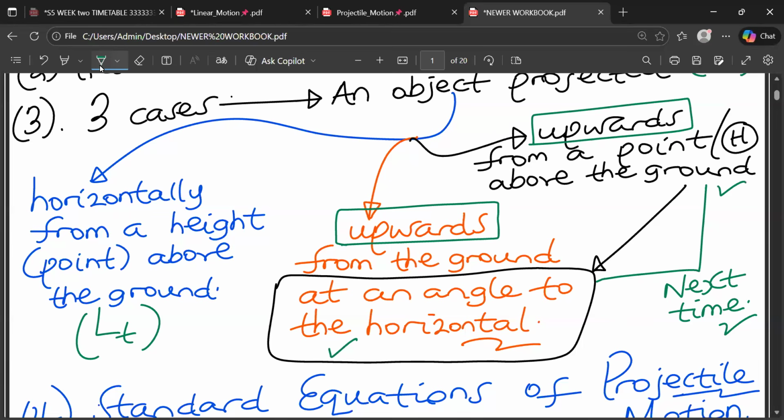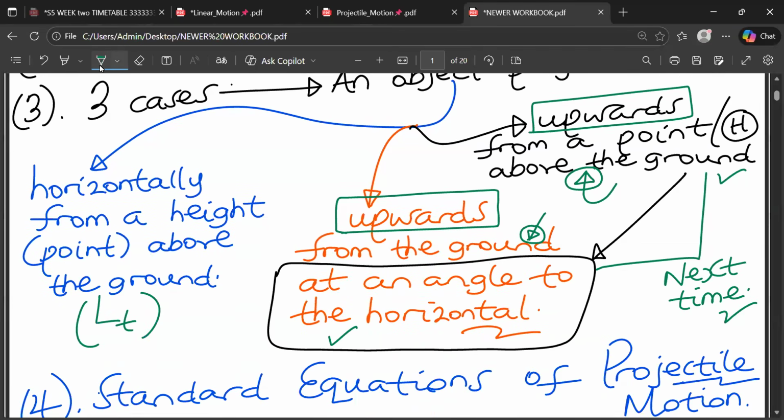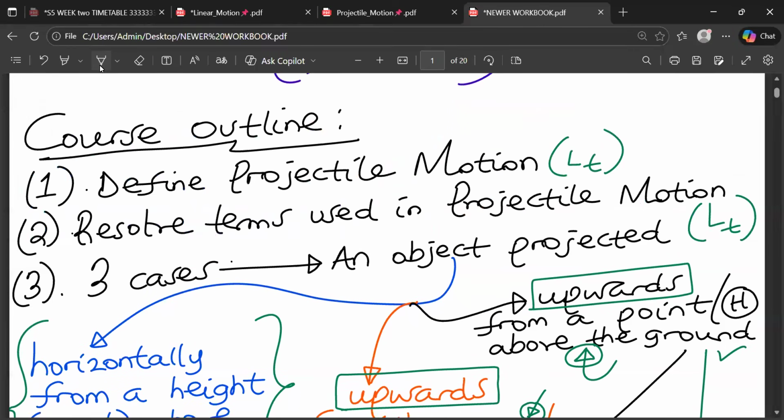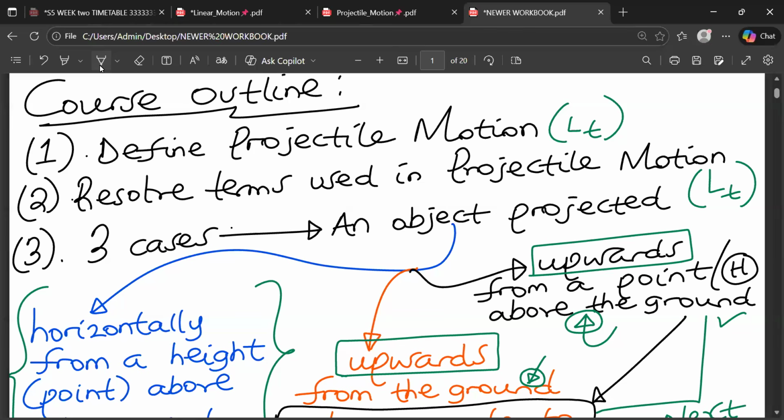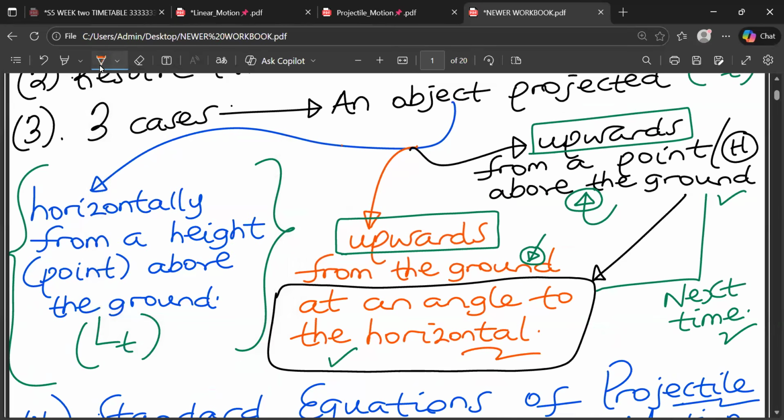The only difference is that this one is from the ground, but the other one will be from a point above the ground. So they are kind of connected, which is why I prefer them to be in the same session. But I want the introduction and everything, and also some calculations involving the horizontal one, to be specific and on their own. That's what we are covering today. So we are going to define, resolve terms, handle case 1, and leave other cases for next time. So for today, we are handling case 1.